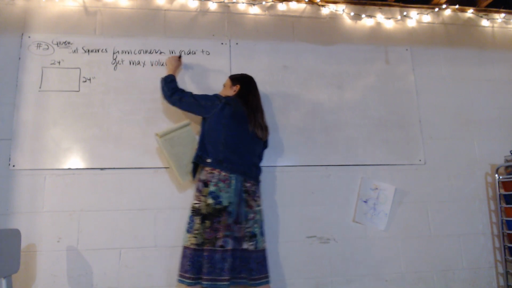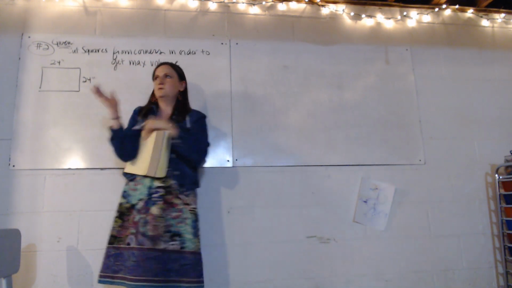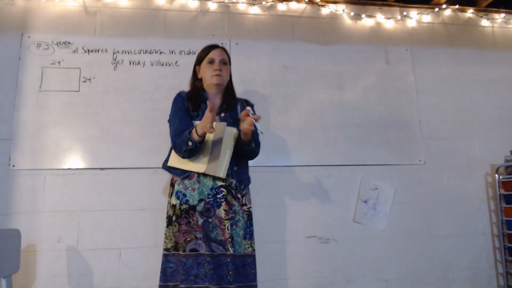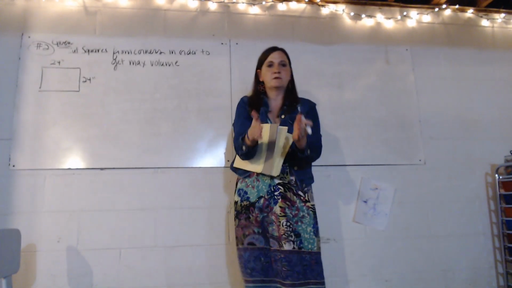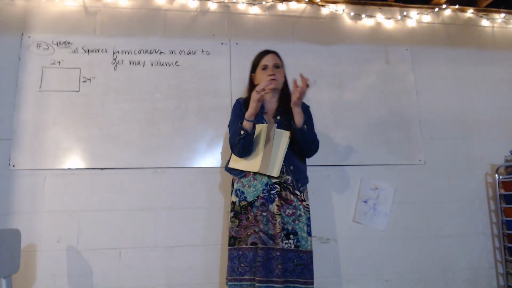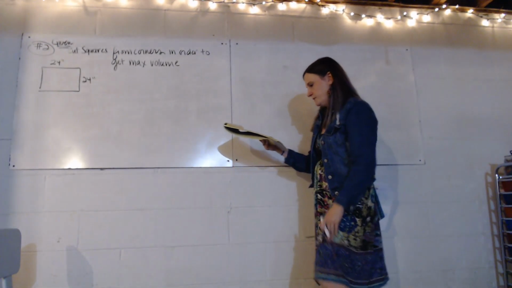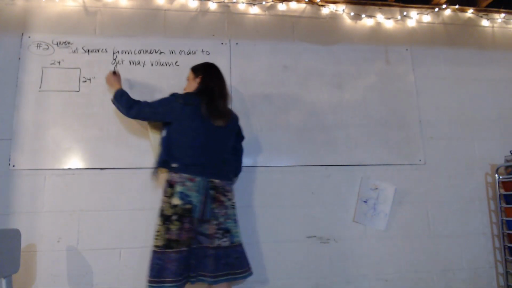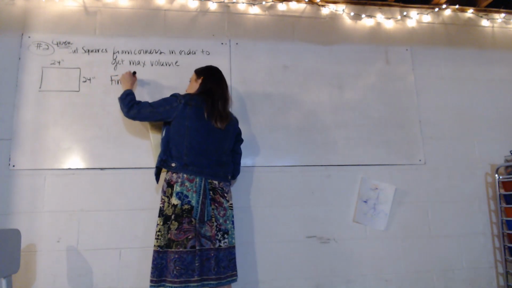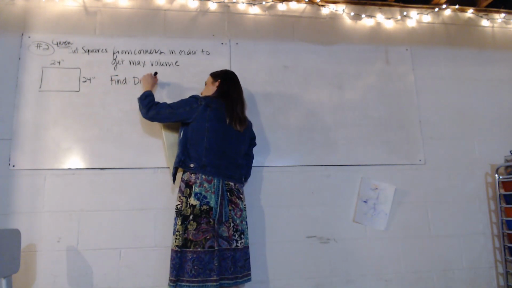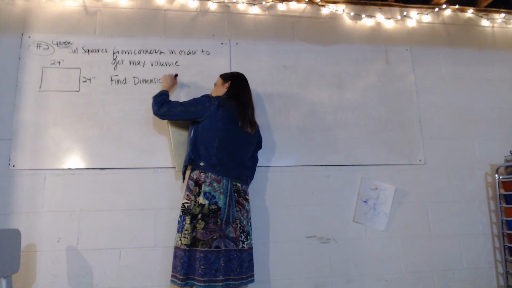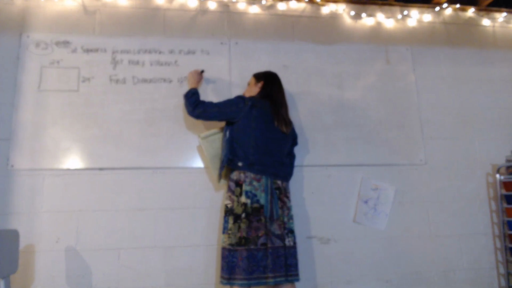So if you think about it, the more you cut you lose a lot more on the length or width of your box, but then you gain a lot more on the height. So it's sort of like, what's the best way to do that? And so we want to find the dimensions you should cut out.